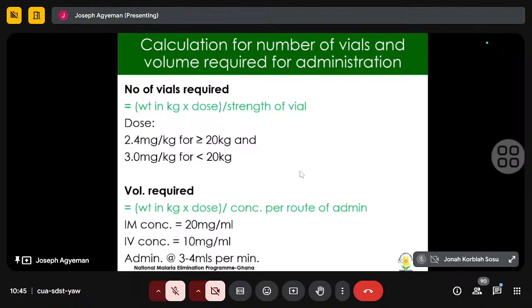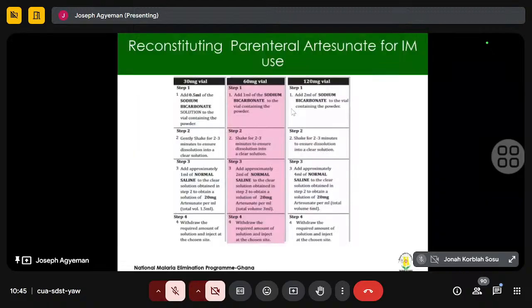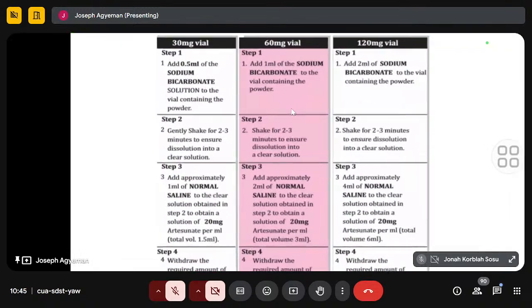Hello, sir. Yeah, hello. Sir, I'm sorry to bother you, but I would like you to go through the reconstitution calculation again. I'm confused there. For which one? I kind of get the concept, but as to how you were able to get to the final concentrations for the IM and IV, which is 10 milligram per mL and 20 milligram, I'm still confused.